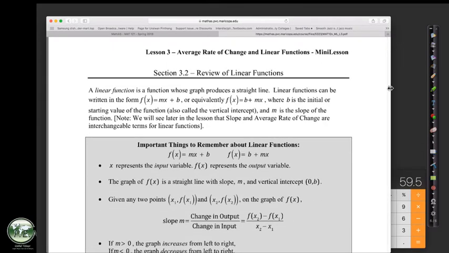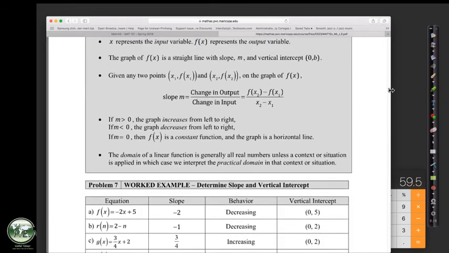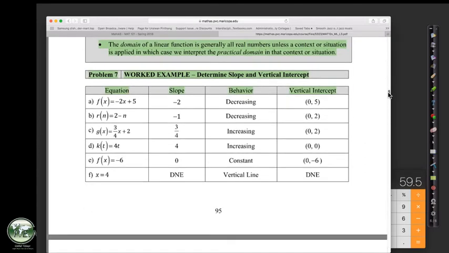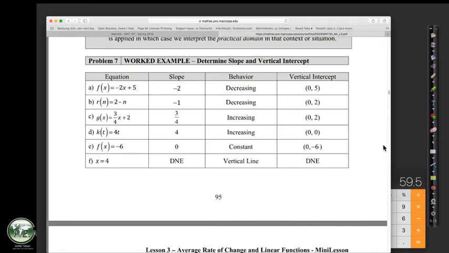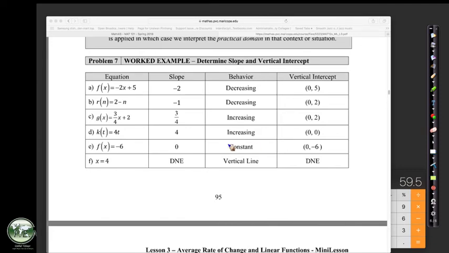And now what we're going to do is spend about the next 20, 30 minutes talking about linear equations. Okay, a linear equation has the form f of x, or y if you want, equals mx plus b.